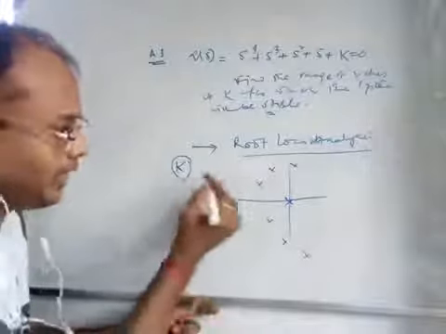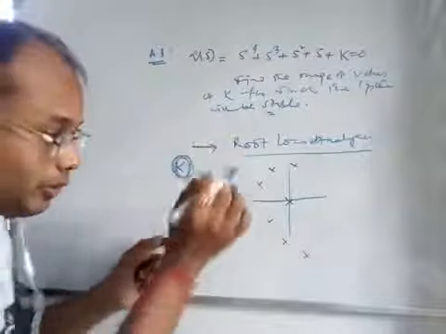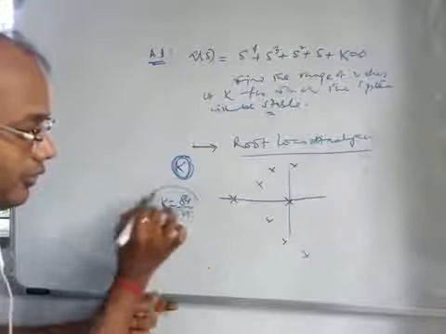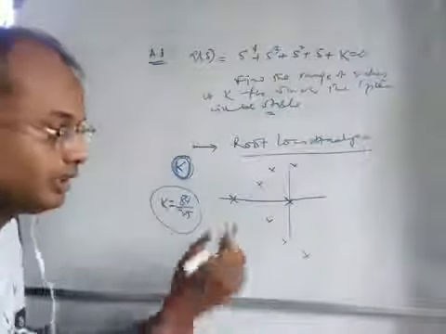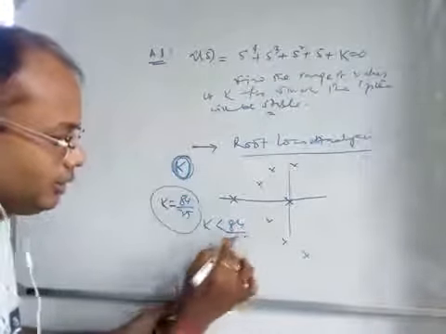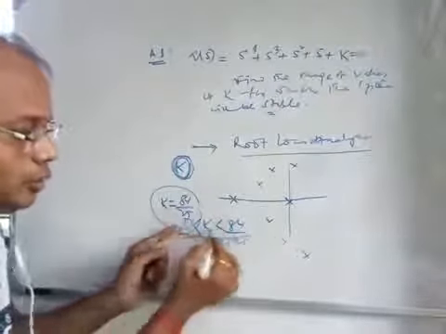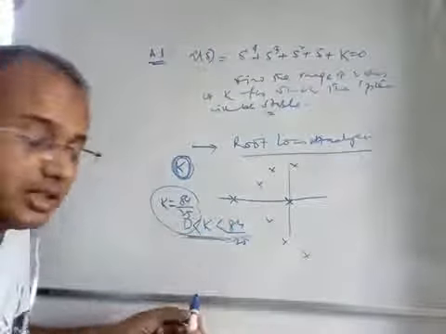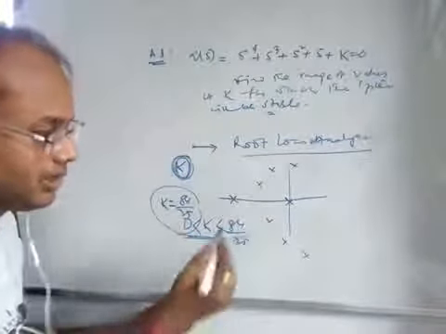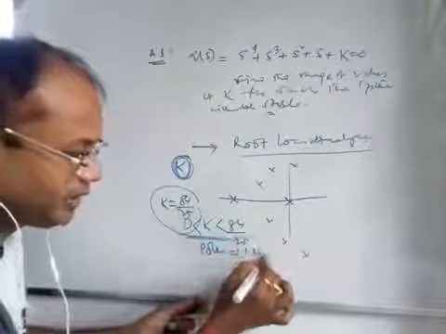That means if you vary the gain, you see the range of values of k for which the system was stable. For example, in the last example, there was a value of k, 84 by 25, for which the system was marginally stable. The value of k from 0 to 84 by 25, within this range the system was stable. That means if k is varied between 0 and 84 by 25, the system poles are on the left half of the S plane.